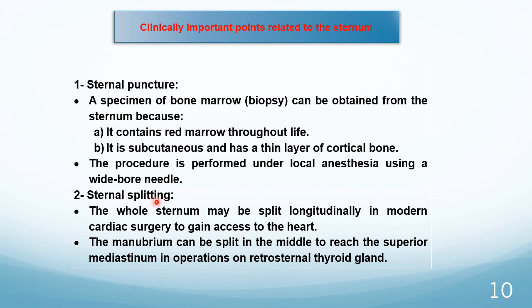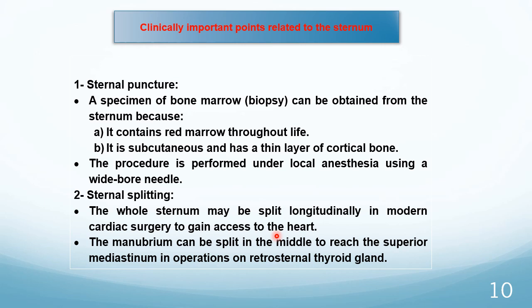Number two, sternal splitting. It is important for cardiac surgery. The whole sternum may be split longitudinally in cases of cardiac surgery, and maybe only the manubrium is split in cases of surgery for retrosternal goiter, in case of thyroid enlargement.